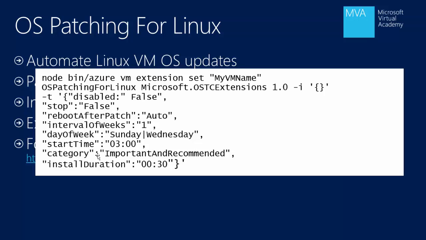The script is something like this, and it will connect to the virtual machine and install the updates depending on the information you have provided. Like if you want the server to be rebooted after patch automatically, you can just choose it here. You can just select the date, time, etc. So it's all in control of your hands.